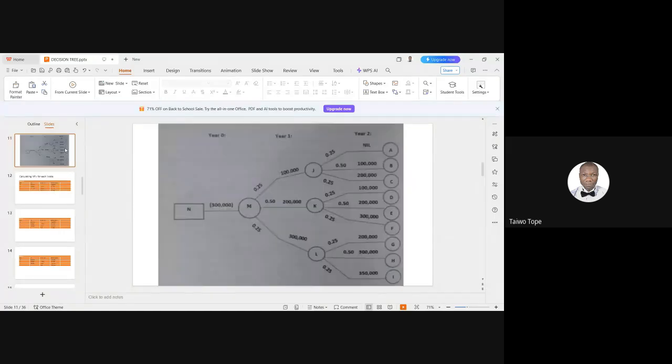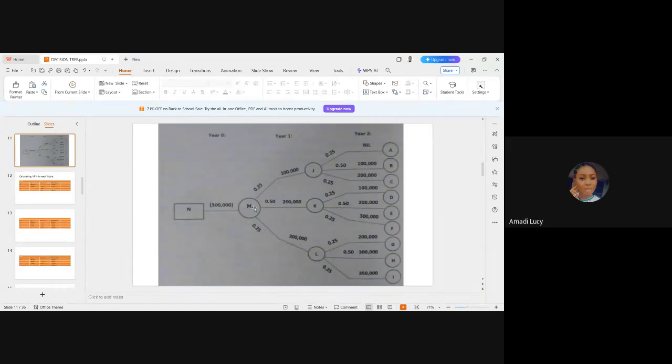Let's go and see it. Point J, you do the whole NPV multiplied by the associated probability, and you have the result for point J. So we'll still move further because point J, point K, point L should give us M, right?